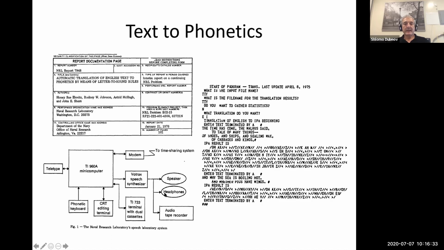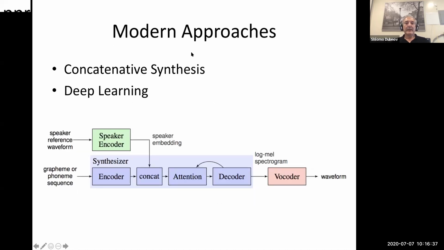So today, if we want to think about this as a problem for machine learning, one earlier attempt, which is pretty much the state of the art, is so-called concatenative synthesis. What concatenative synthesis does is basically it uses a large database of recorded conversations, and it is able to index or extract a set of recordings.